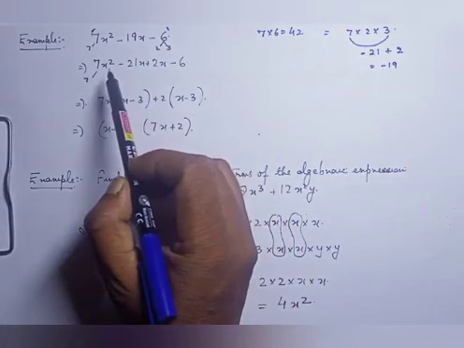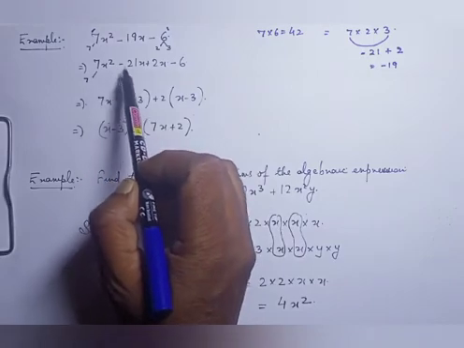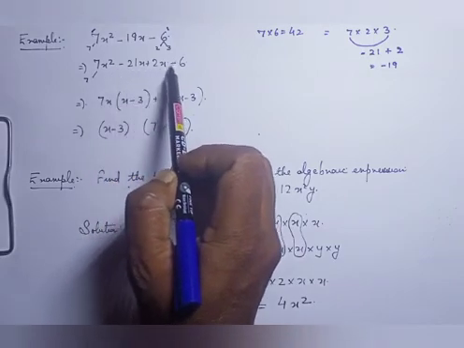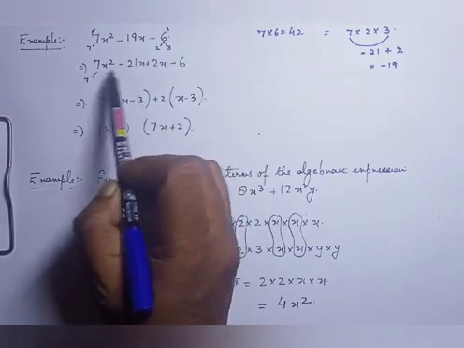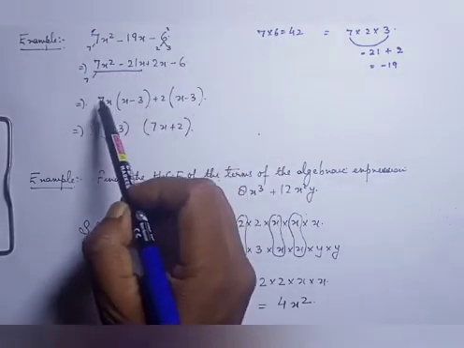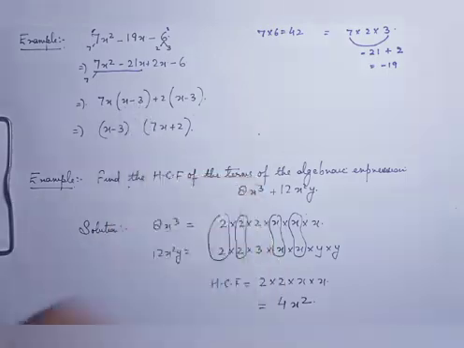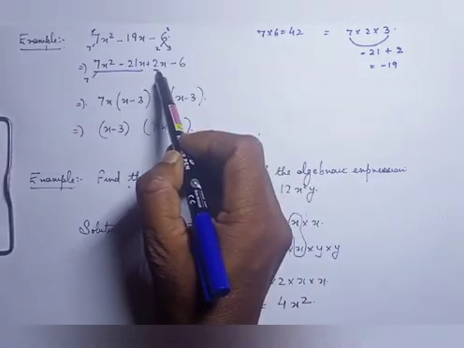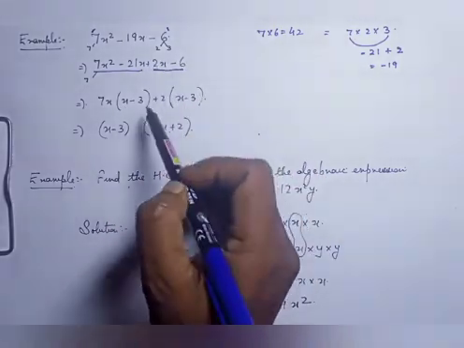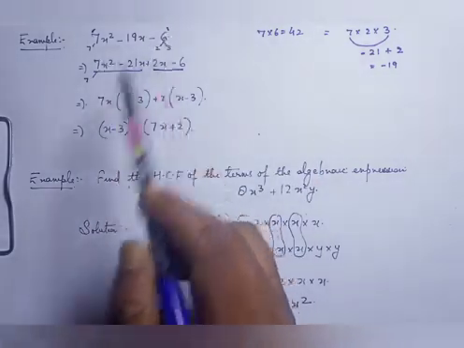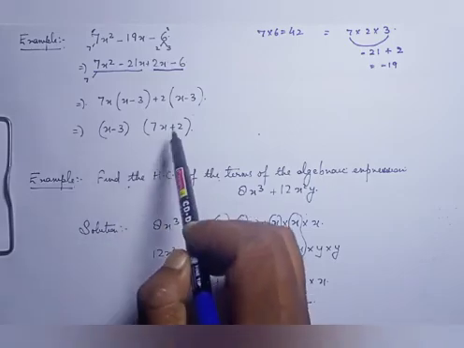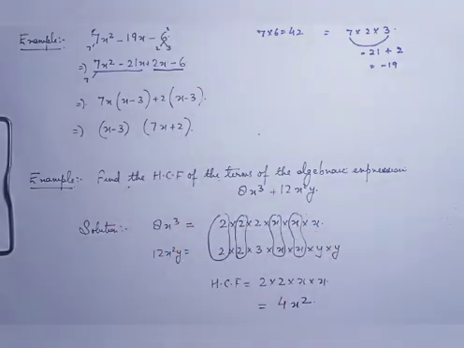Over here I have done the same thing, that is minus 21x plus 2x minus 6. If we take 7x as common in these two, what is left? x minus 3. And if I take 2 as common in these two, what is left? x minus 3. So the two factors of the equation are x minus 3 and 7x plus 2.